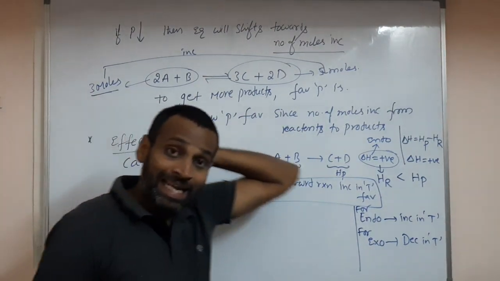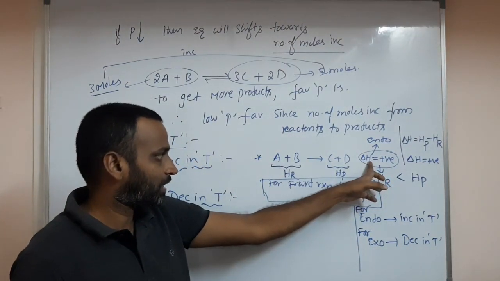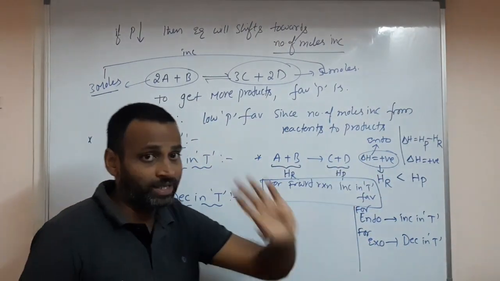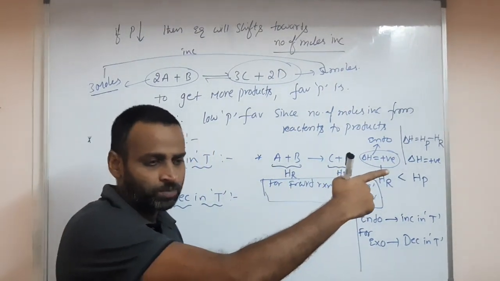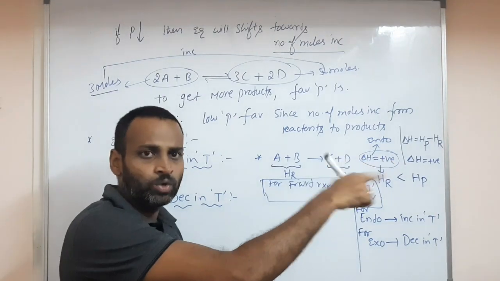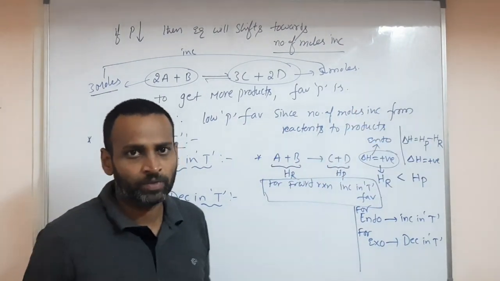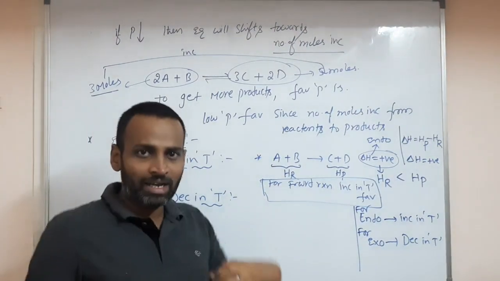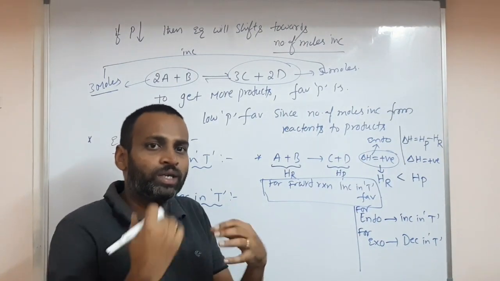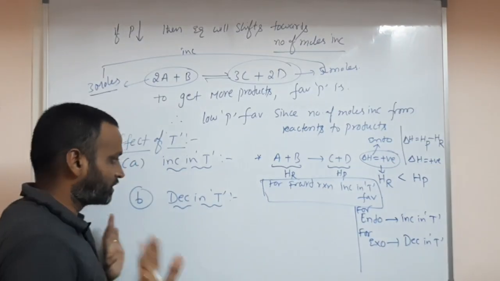To understand the effect of temperature, they must give the representation of delta H. If delta H is positive, the forward reaction is endo, so more temperature is required for it to happen. If the forward reaction is exo, reactants already have more energy, so you have no need to increase the temperature, you have to decrease it.